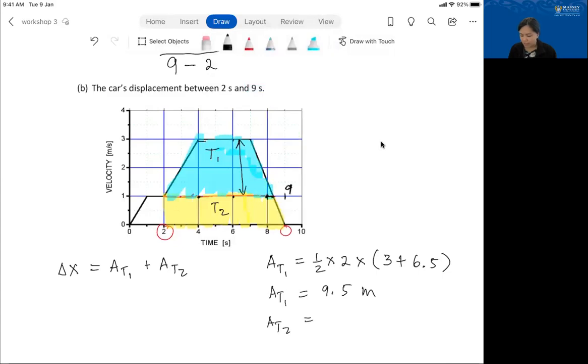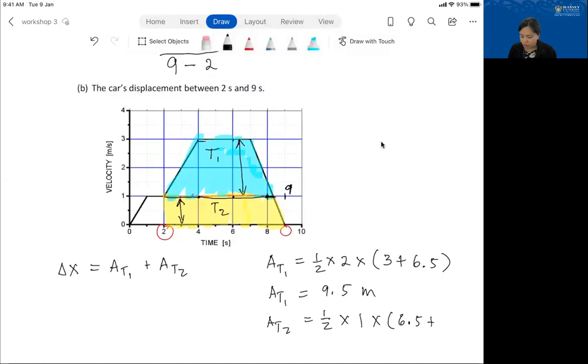The area of the second trapezoid is 1/2 times the height, the distance between the 2 bases, which is 1, times the sum of the 2 bases. The first base is this line here, which we've estimated to be about 6.5.